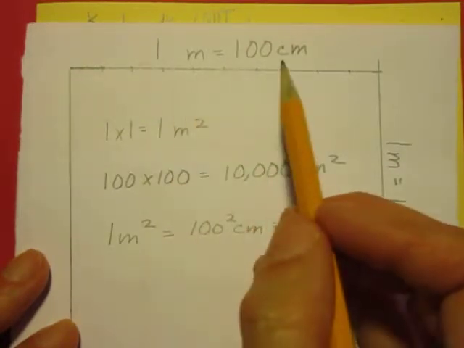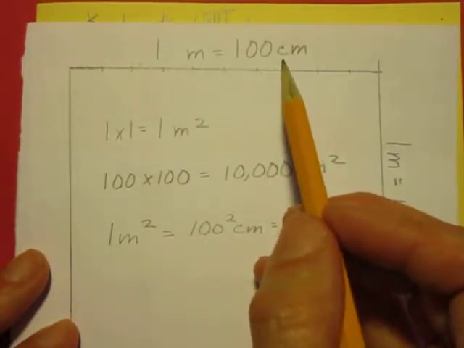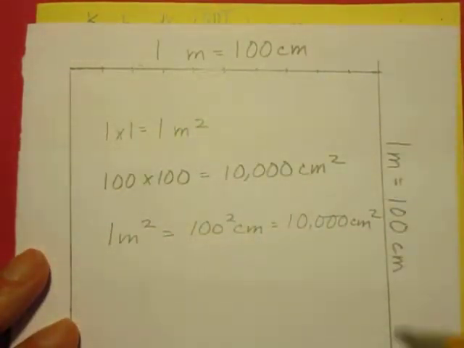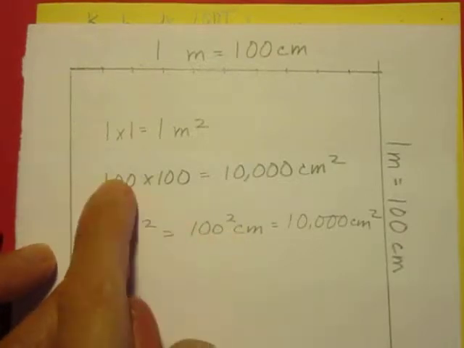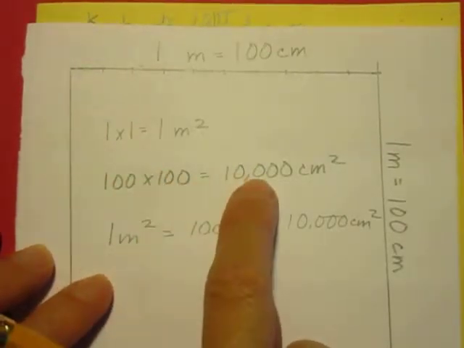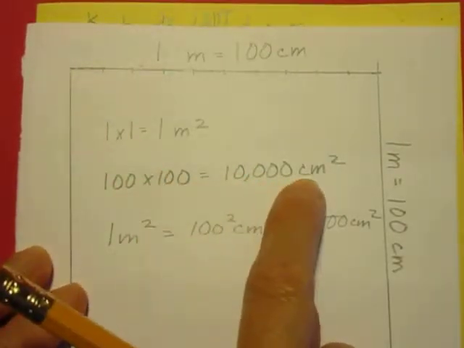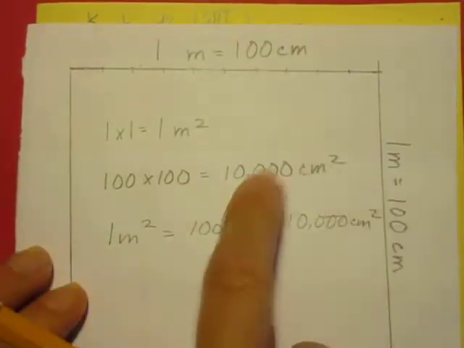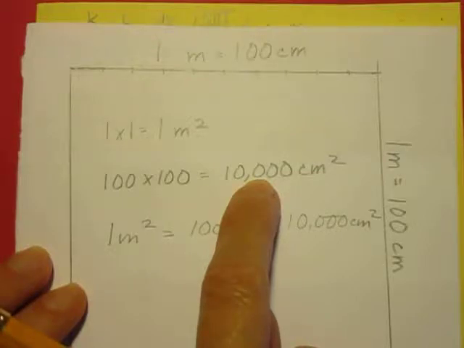But if I put that in terms of centimeters, I would be saying 100 centimeters times 100 centimeters, and when I carry that out, I end up with 10,000 centimeters. So you can see that changing our place value really magnifies when we go to find area.